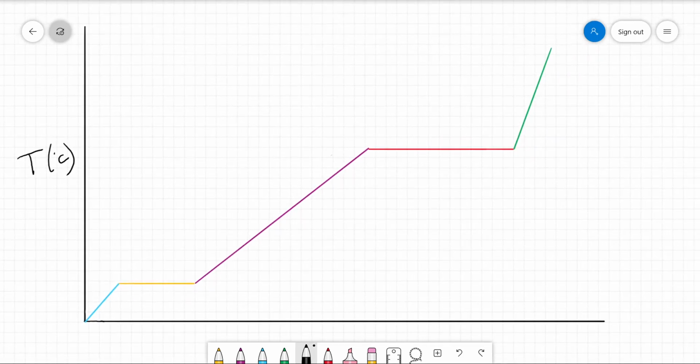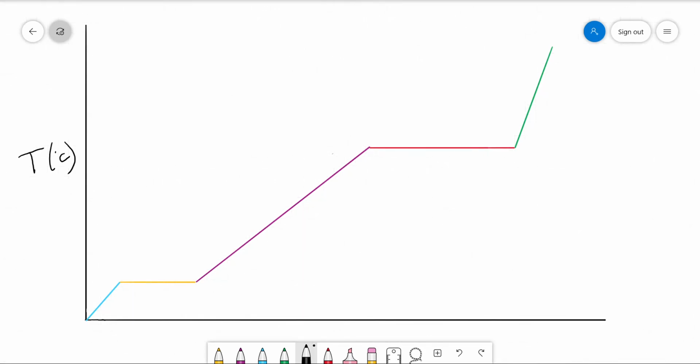So I just reproduced the graph from the last video. You should already have it. There are 5 steps we have to go through, and I'm going to label them. Q1 is the warming of the ice to the freezing point. Q2 is the melting of the ice.